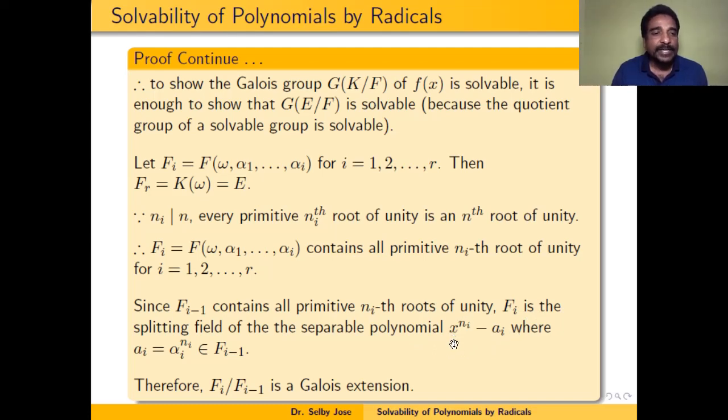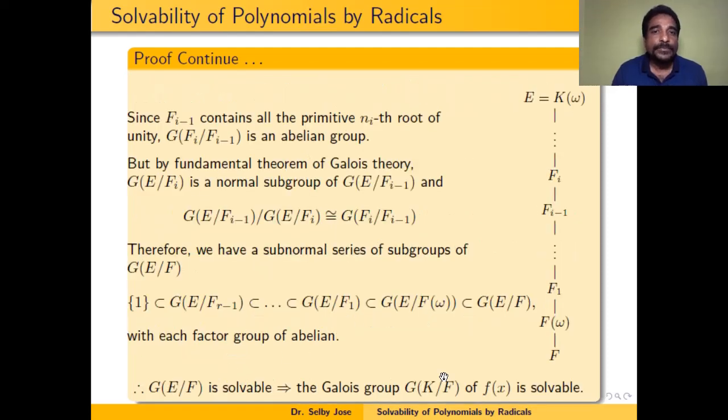And therefore F_i is the splitting field of some separable polynomial over F_{i-1}. Therefore, by the characterization of the Galois extension, F_i over F_{i-1} is a Galois extension. Because F_{i-1} contains all primitive nth roots of unity, the Galois group of F_i over F_{i-1} is in fact an abelian group.